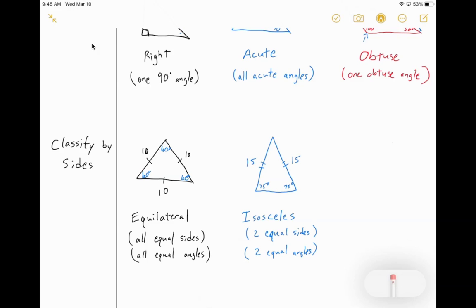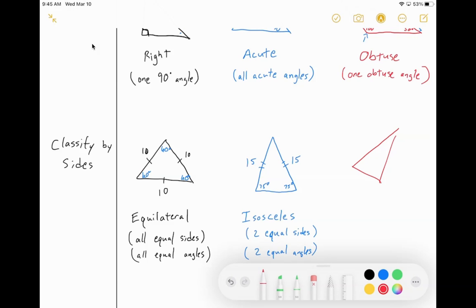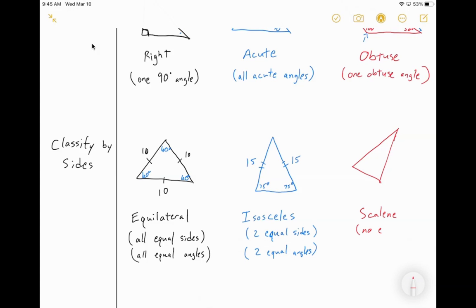Let me try again. All right, this is called a scalene triangle.